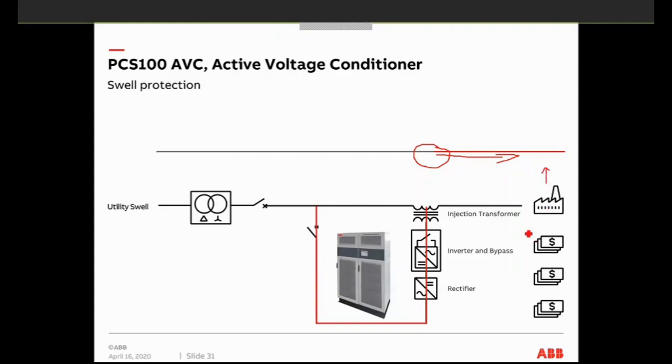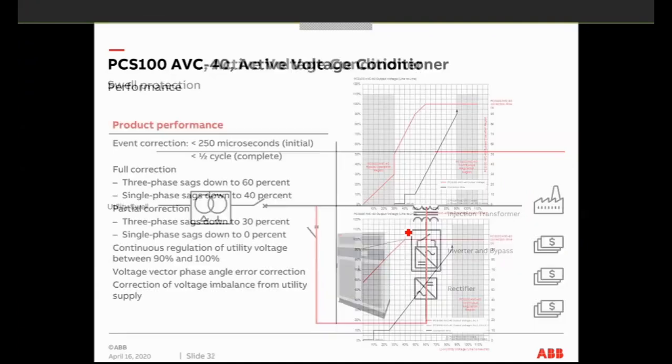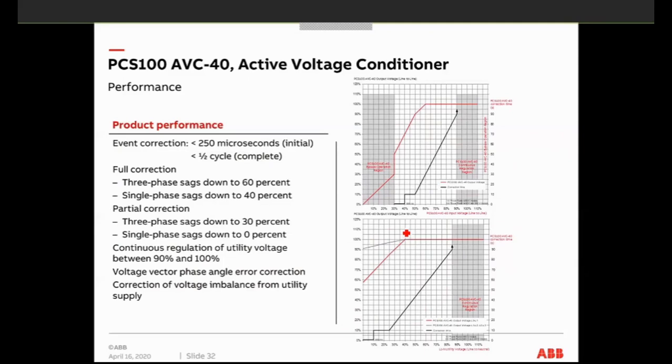The profit will go up. So this is the effect of this product. Just to give you an idea how fast it is, the event detection is less than 250 microseconds, and the completion of the correction is within half of a cycle.